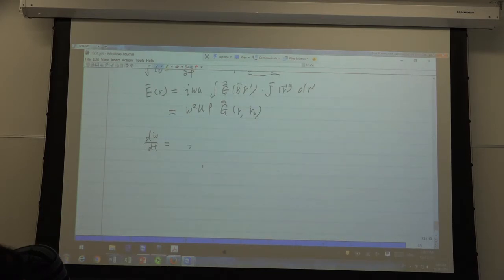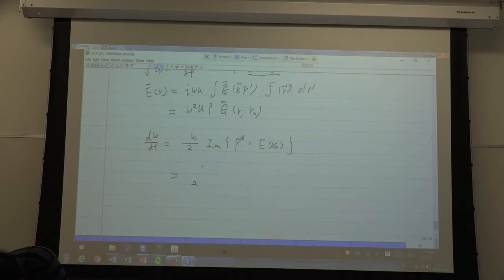So dW/dt is 2 omega in the imaginary part, and mu, now mu is P, not confusing, P star with E at R0. P star is at R0. So finally, we just get this.